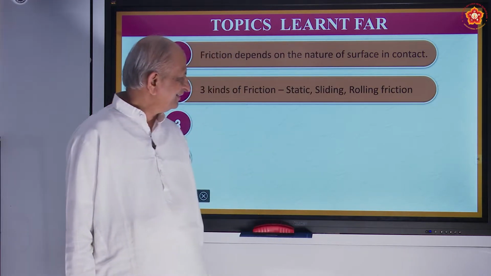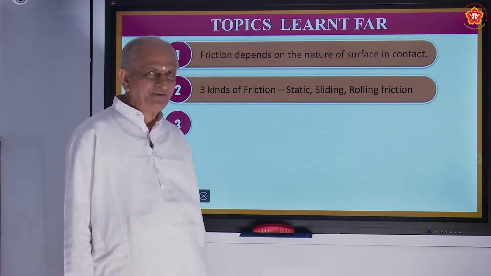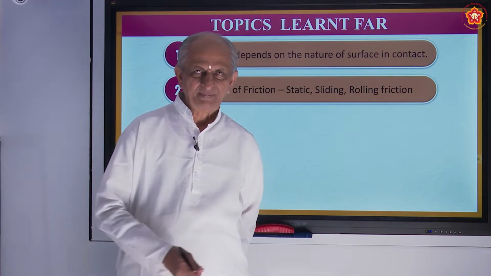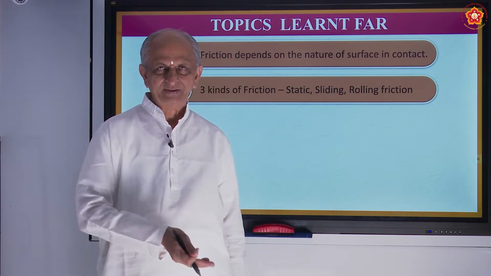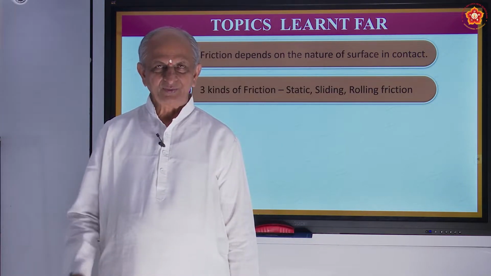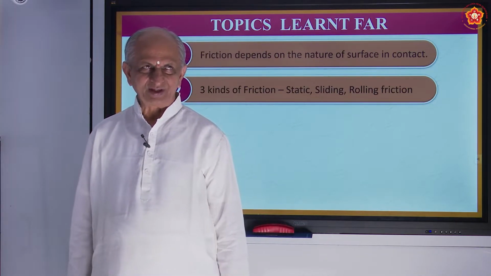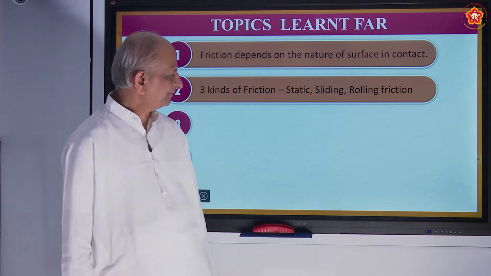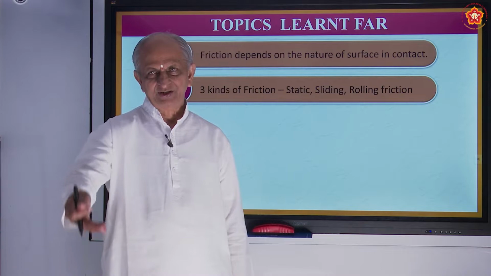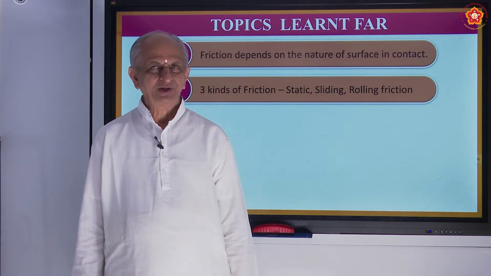Correct? Then you have sliding friction. Sliding friction comes when the body is moving. For example, when a ball, when hit by a batsman, will move for some distance and stops. When a vehicle is going, when brakes are applied, it stops. These are all called sliding friction. Rolling friction. Say for example, if the suitcase is very heavy, what do you do?